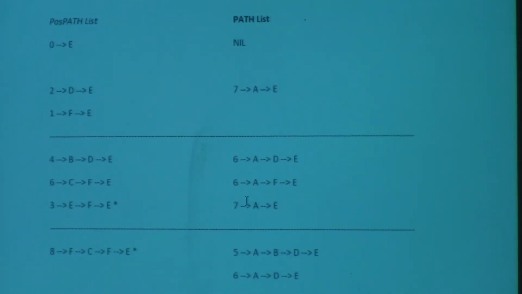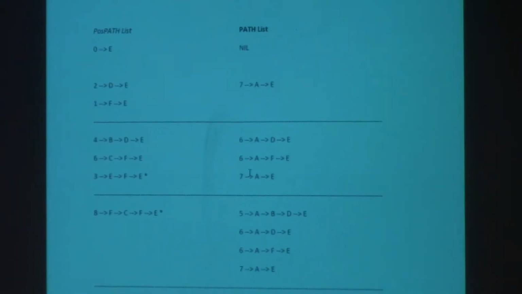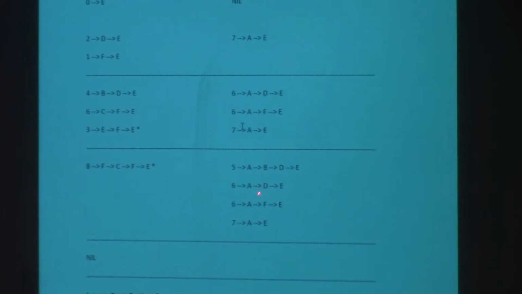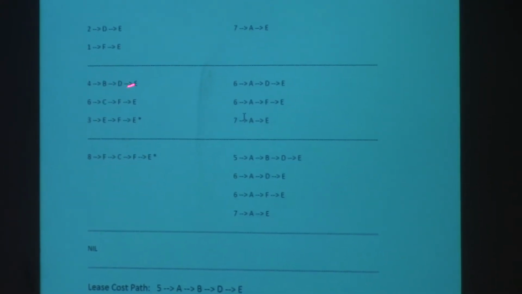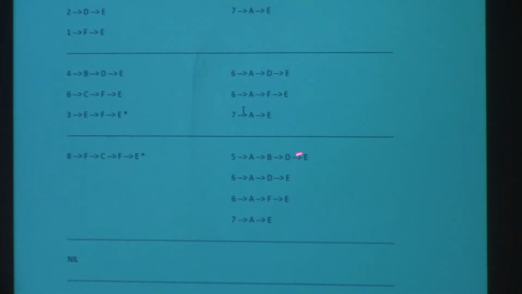Notice that 7, 6, 6 exists here. Now notice that this path that's remaining here is BDE. Notice that BDE is here, which means we took this path out and we found what? We found that A can go to B with a cost of 1, and that moves it into the path. It also moves it as the best path so far, okay?